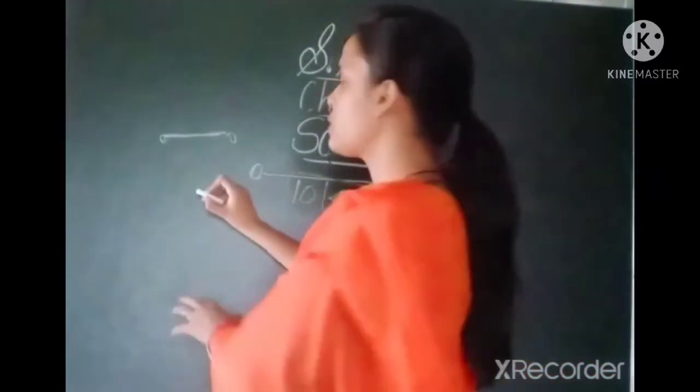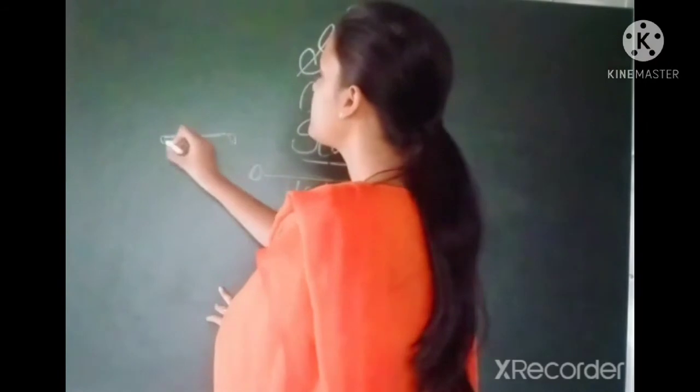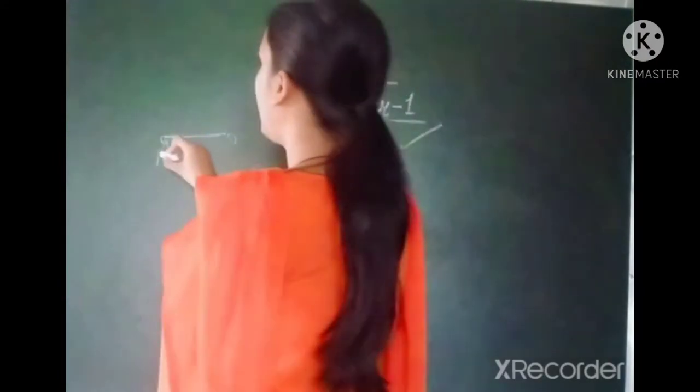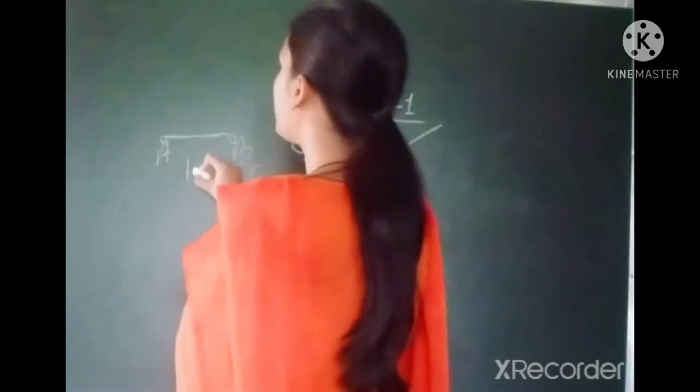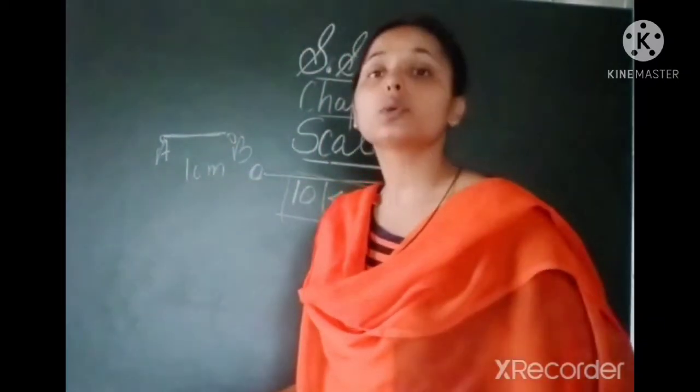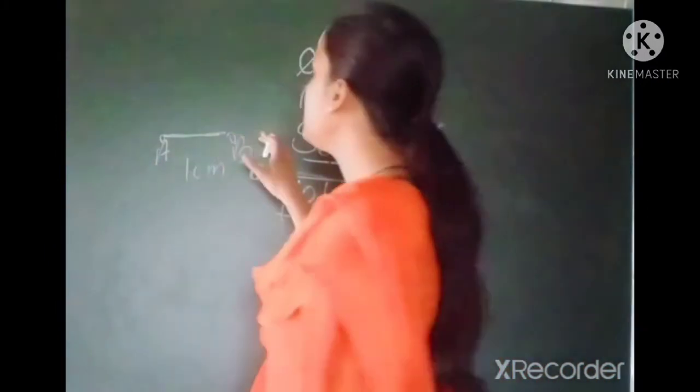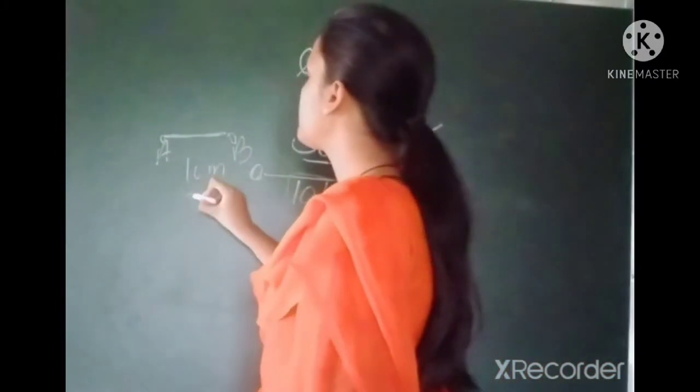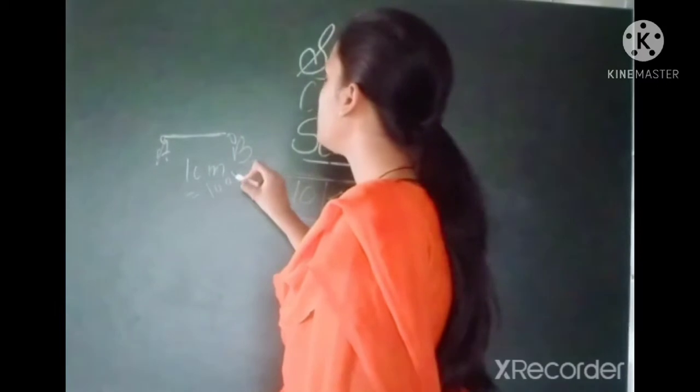Suppose the distance between these two places, A and B, on a map is 1 centimeter, so the actual distance between these two places is equal to 100 kilometers.